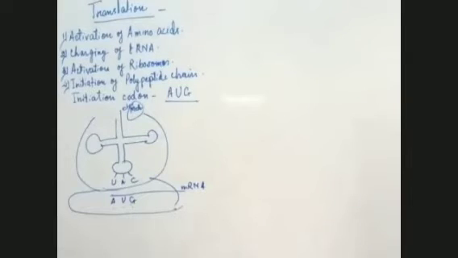Anybody who remembers? The amino acid which is brought by this transfer RNA for the initiator codon, it is received by which site? There are 3 sites on the larger subunit of the ribosome. So which particular site receives this transfer RNA which is carrying the amino acid for the initiator codon?